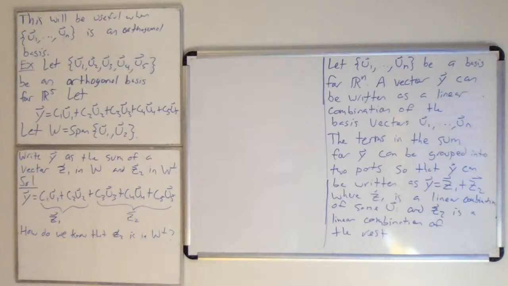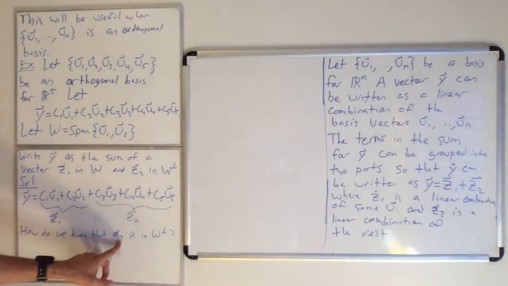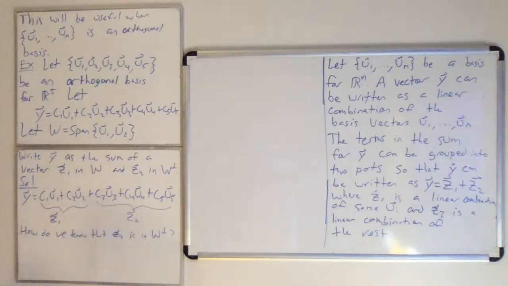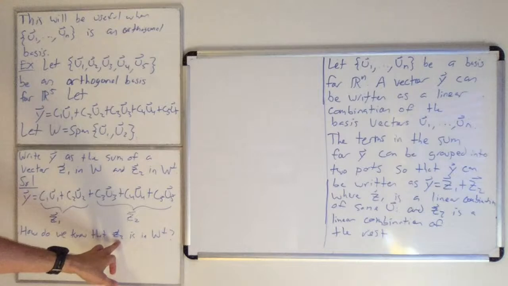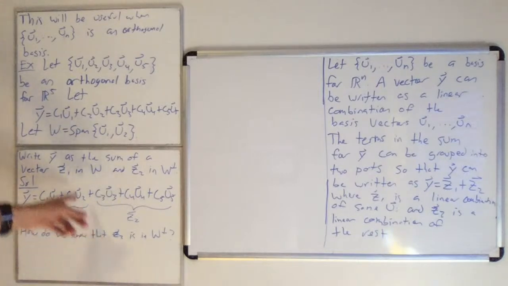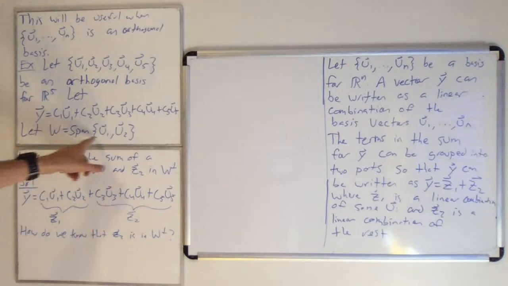Vectors must be orthogonal to those in W. Yeah, exactly. So any vector in W, and I guess it is also hard to type out these answers, so I understand that. So how do we show that z2 is in W perpendicular? Let's just show that z2 is orthogonal to the basis vectors of W, and then it's going to be orthogonal to any linear combination of the basis vectors.